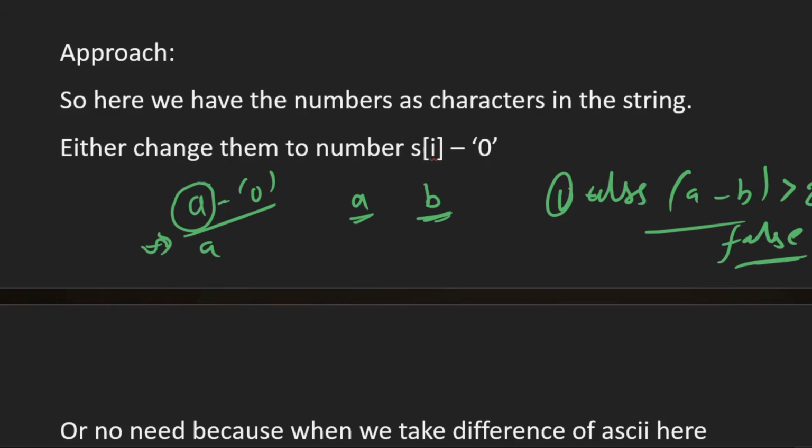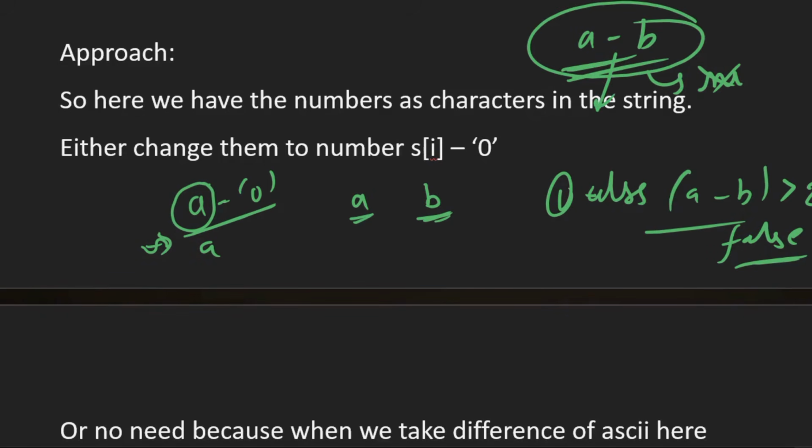Or the second thing is that we can directly take the difference of a and b without converting them to numbers, because both a and b will be giving us ASCII values.